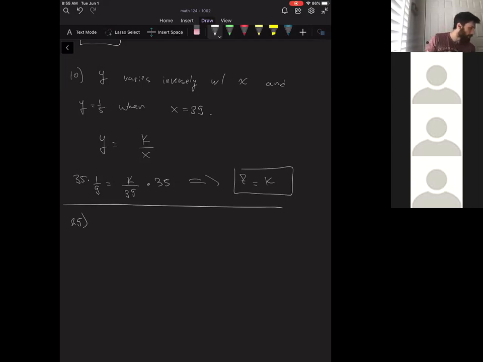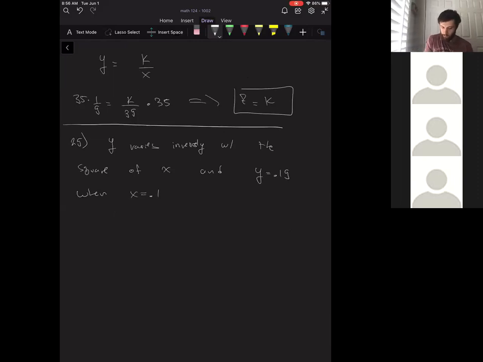Number 25 is saying y varies inversely with the square of x, and we're also given y is 0.15 when x is 0.1.